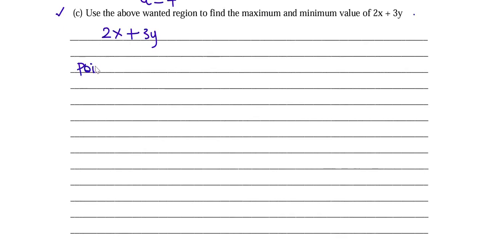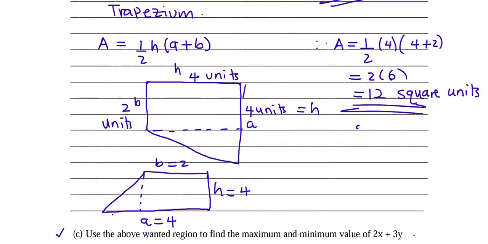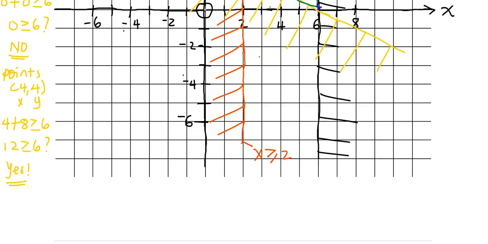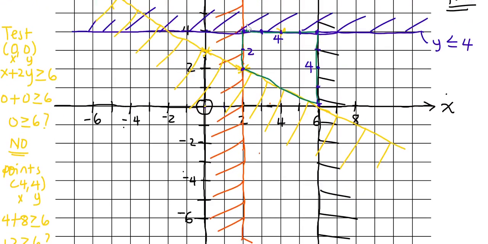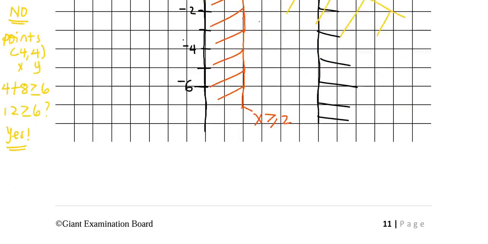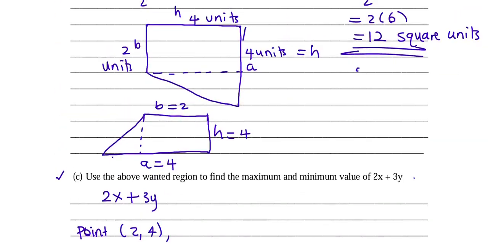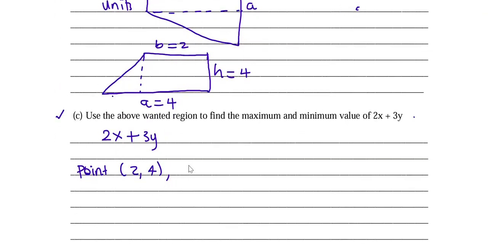I have point 2 and 4. I'm listing points first, and then we come and test for the maximum and the minimum. So there's a point here that I've taken already. There's another point here, which is going to be 2 and 2. So the second point that is possibly the minimum or maximum, there's another point there. It is 2 and 2.